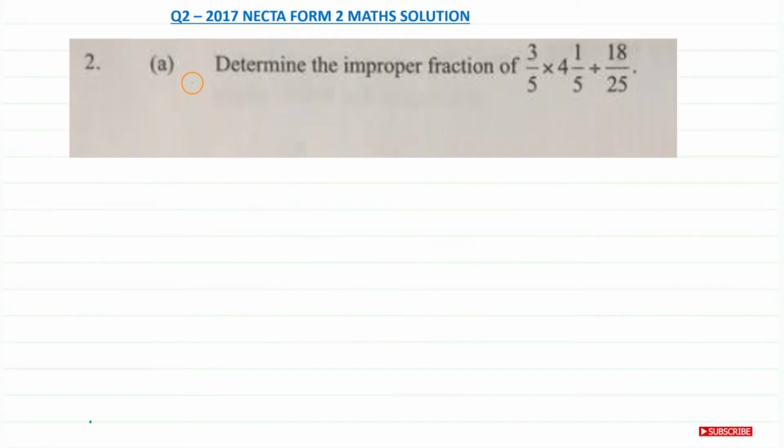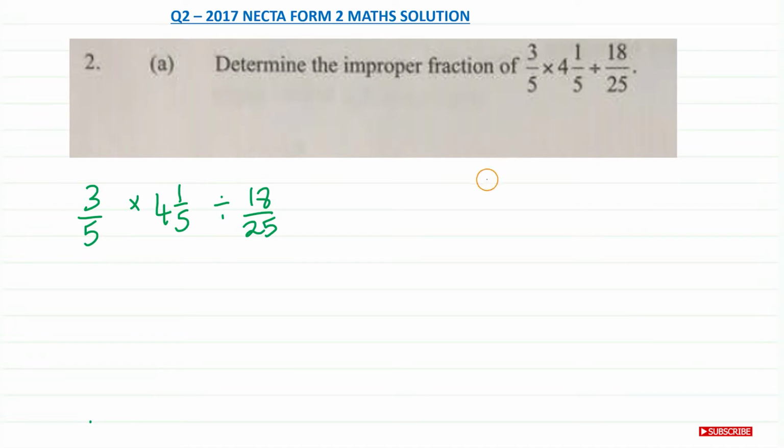And now for question 2A, we're asked to determine the improper fraction of 3/5 times 4 1/5 divided by 18 over 25. So let me rewrite to start with. So 3/5 times 4 1/5 divided by 18 over 25. First of all, we have multiplication and division.